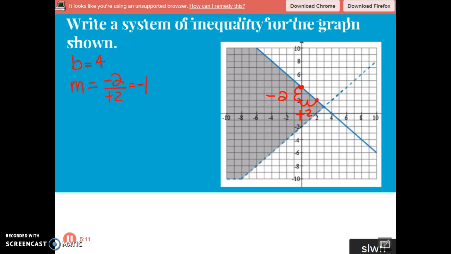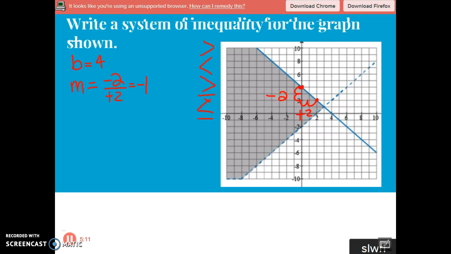Now, I need to decide whether it's going to be less than, greater than, greater than or equal to, or less than or equal to. The way I do that, less than means down.